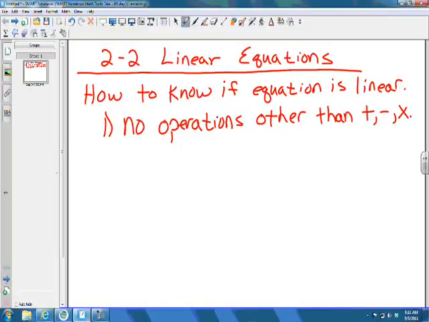So if you have an equation where you have a variable in the denominator, that is not linear. An example would be if you had 1 over x, or 5 over x, or 3x plus 5 over x. Doesn't matter, you cannot have a variable in the denominator. So some of your homework problems, that's all you have to do. You just look at the equation. If you see something like that, you write it's not linear.